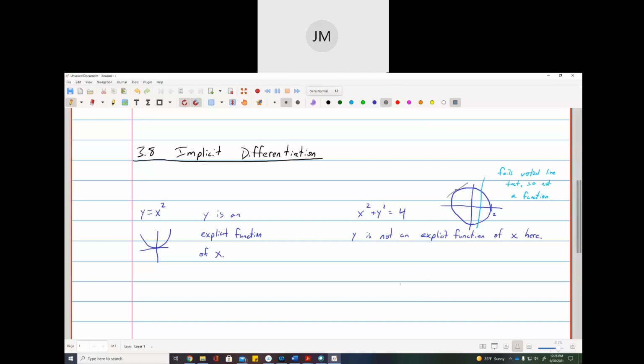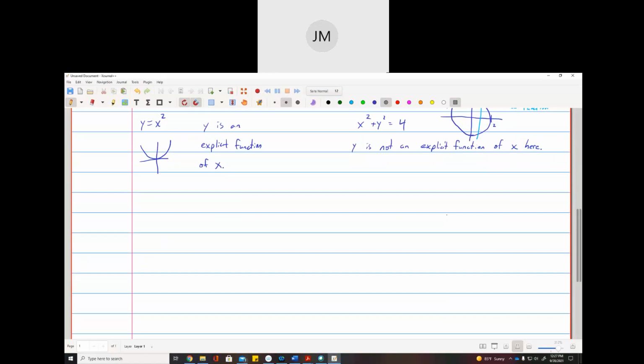And the way that we do that is I could think of this whole graph as not a function. But if I were to break it into smaller pieces, the individual pieces I could write as a function, right?